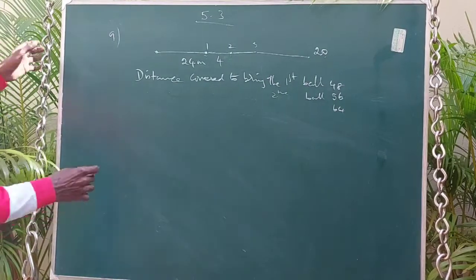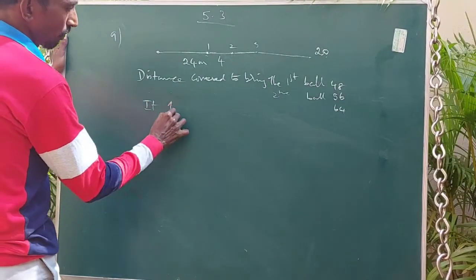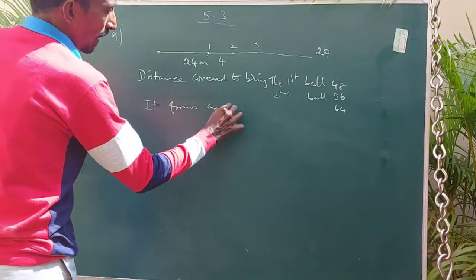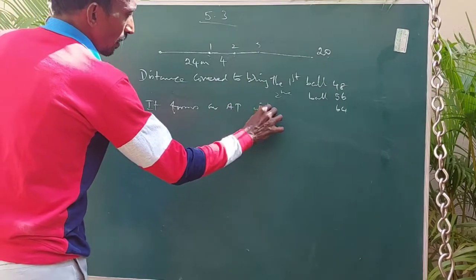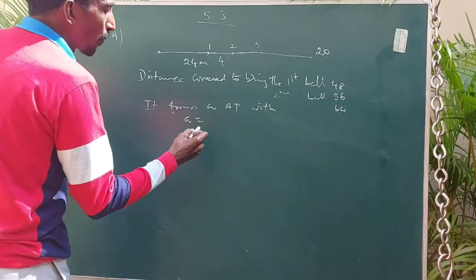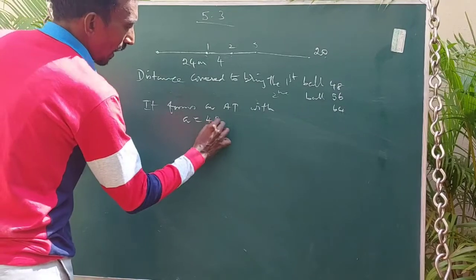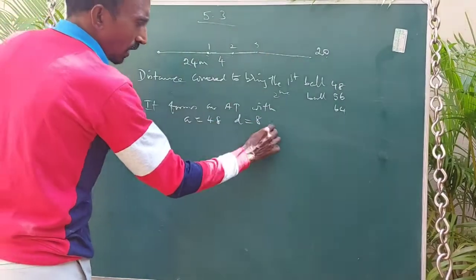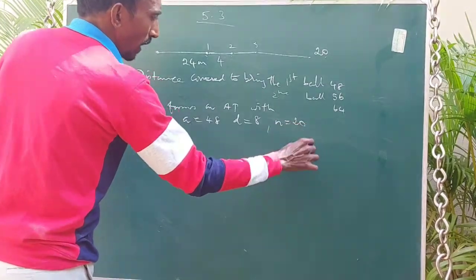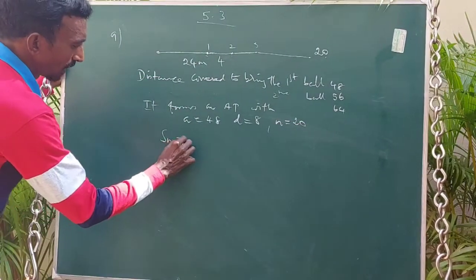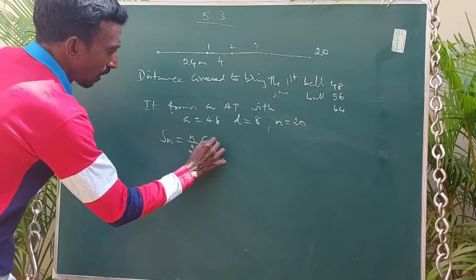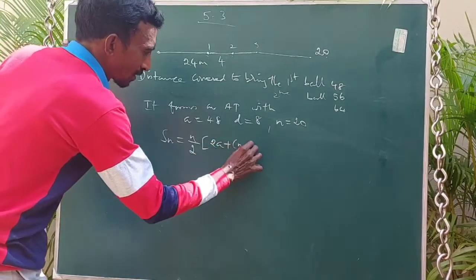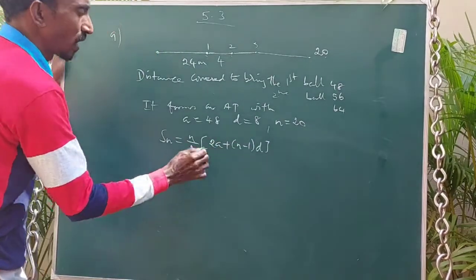Therefore it forms an AP with a equal to 48 and common difference d equal to 8. Here there are totally 20 balls, so n equal to 20. So we have Sn equal to n by 2 into 2a plus n minus 1 into d. So put the values here.